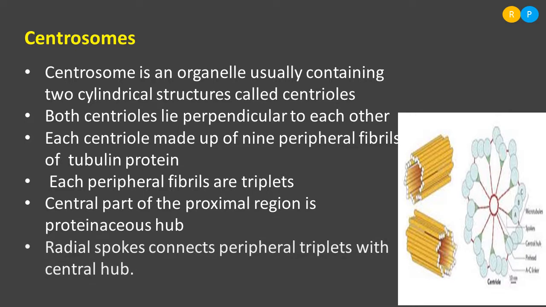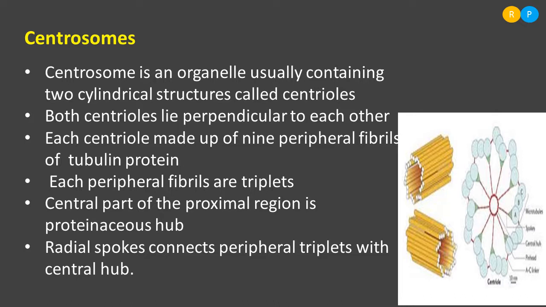Understood? Each of the triplet fibrils present in the peripheral region is interconnected with one another. And the peripheral triplets are connected with the central hub with the help of radial spokes. So radial spokes connect the peripheral triplets with the central hub.